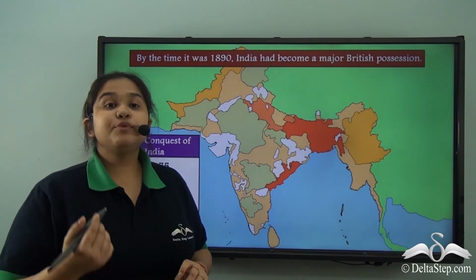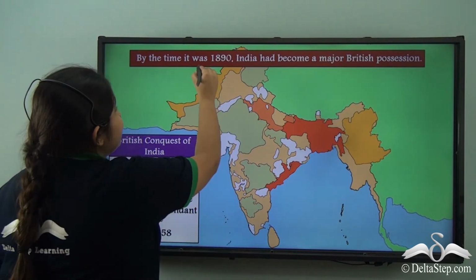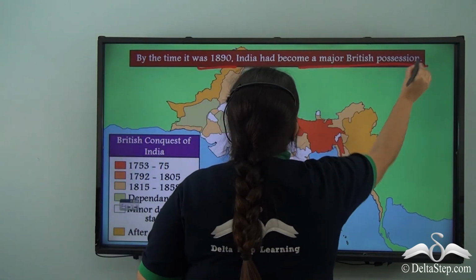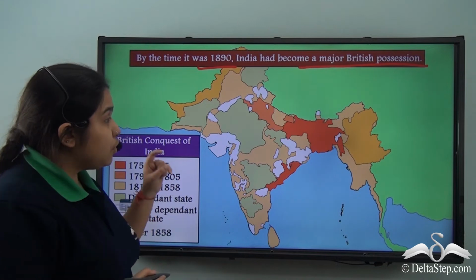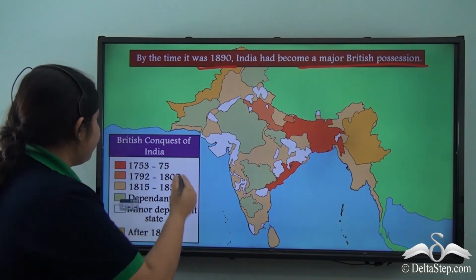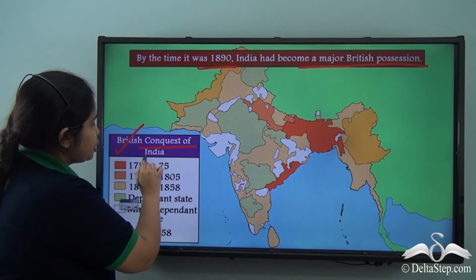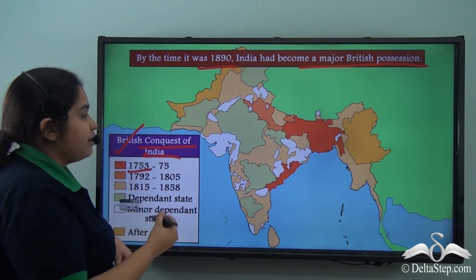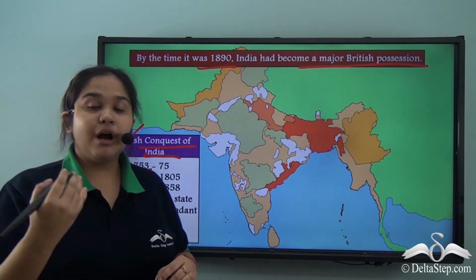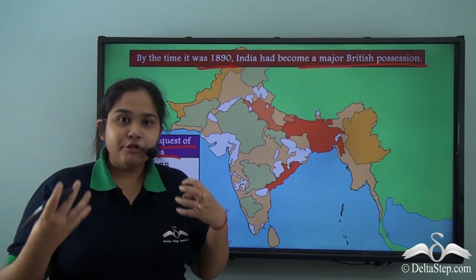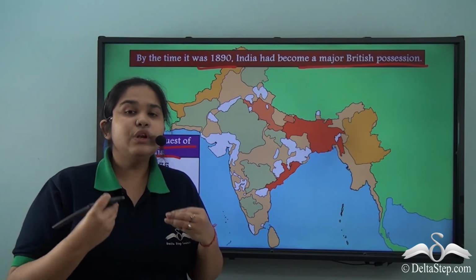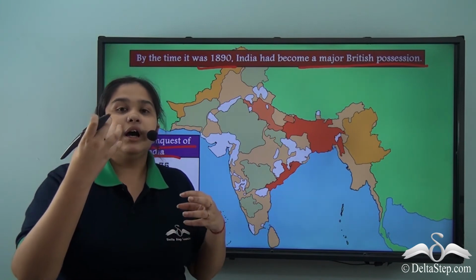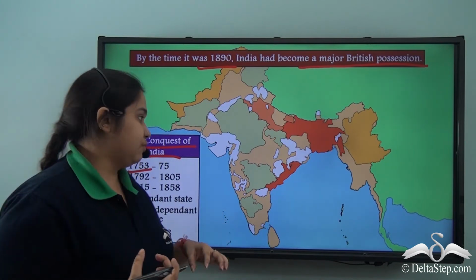So by the time it was 1890, India had become a major British possession. If you look at this particular map, which is a map of the British conquest of India starting from 1753, where the Britishers have started to formally, politically rule India. So it is starting to gain the governing powers over India.